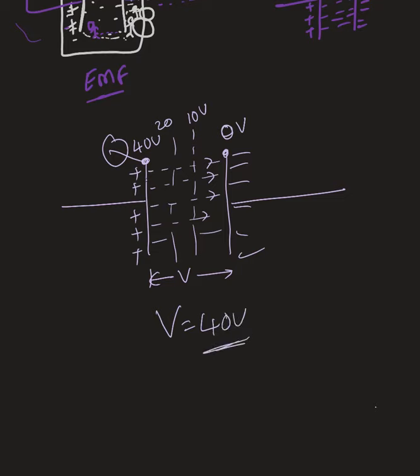Now the electric field lines are perpendicular to the equipotential lines. An equipotential line is nothing but a line, this vertical line, where at any point the potential is constant. So here say it is 10 volts, here also 10 volts, 10 volts, 10 volts. So what does it indicate?